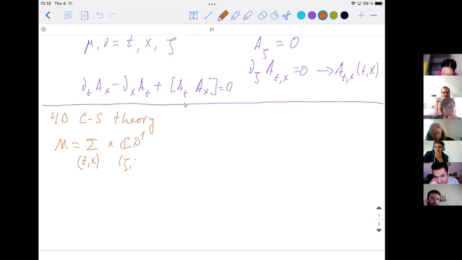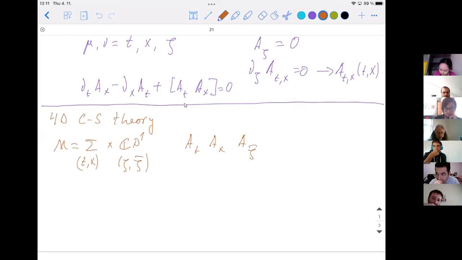So this depends on zeta and zeta bar. Zeta bar is the complex conjugate of zeta. And the gauge field of this theory is A_t, A_x, and then A_zeta bar. So we have three components. But there's no A_zeta.